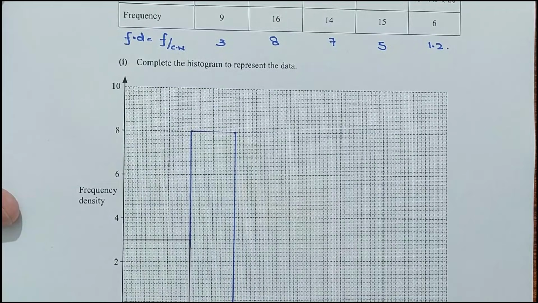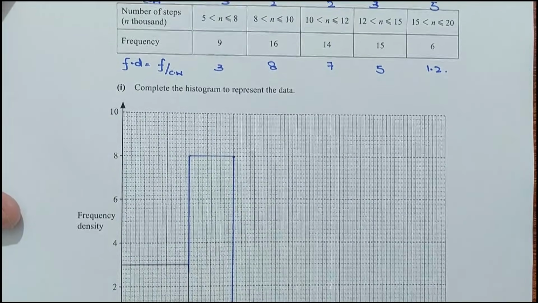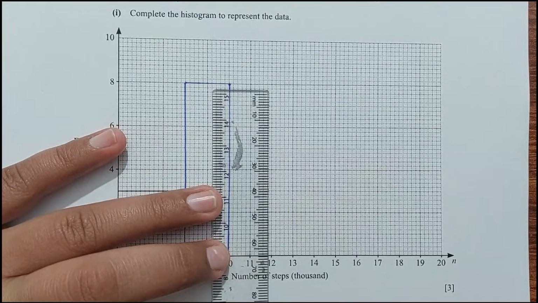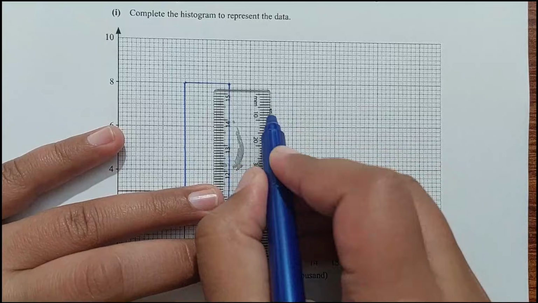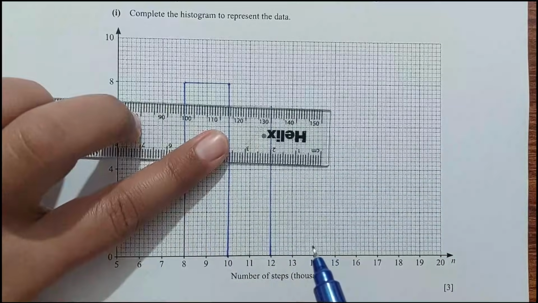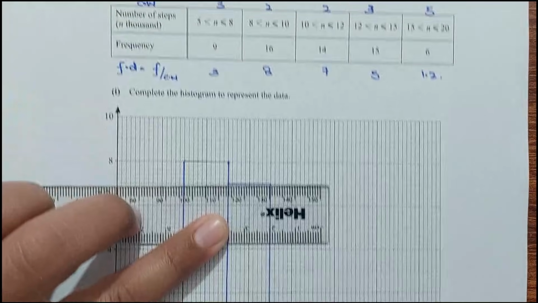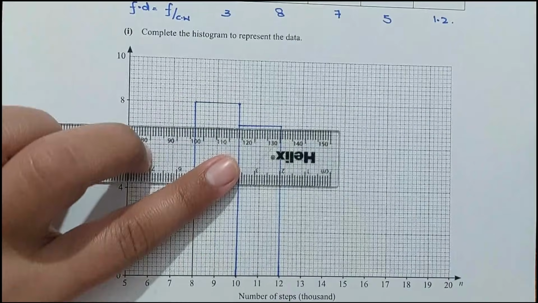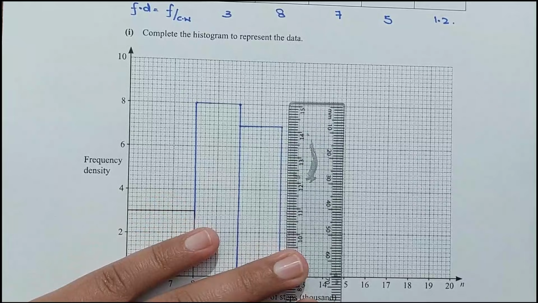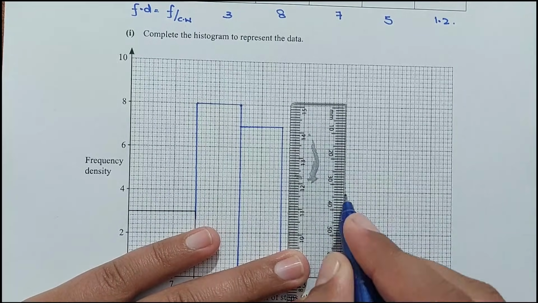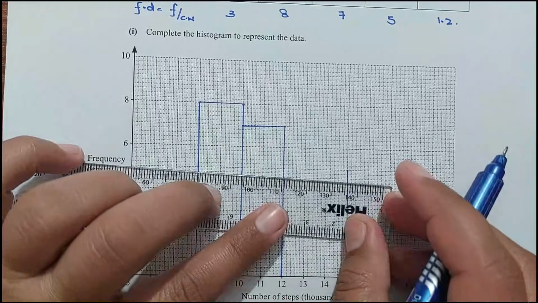Now the next is from 10 to 12, it's 7. It's 7. Right. 12 to 15 it's 5. 12 to 15, that would be 5. This is 4 and this would be 5.